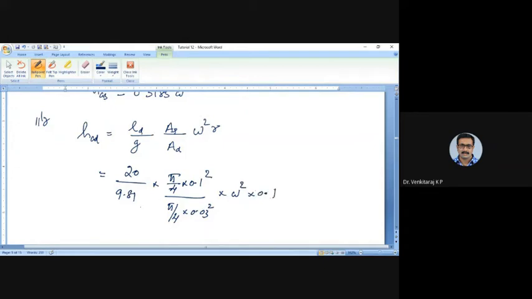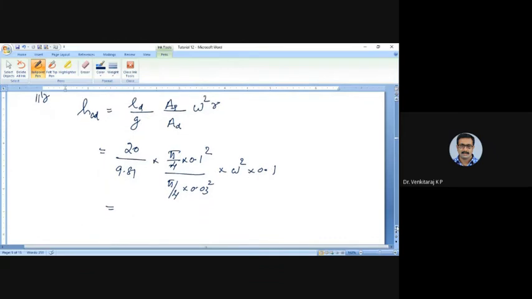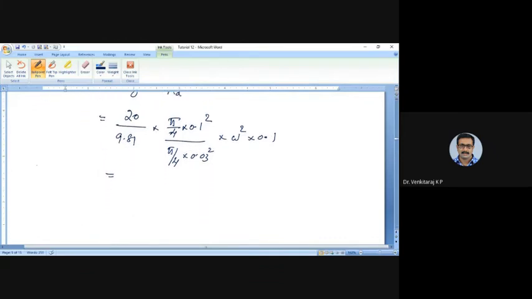So this will be equal to HAD equal to 2.265 omega square.